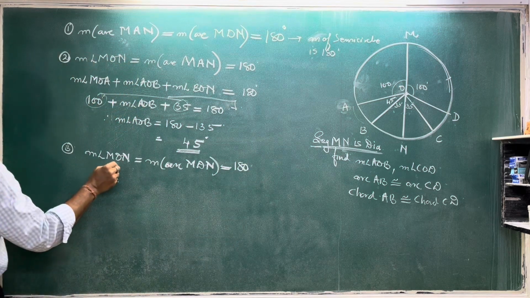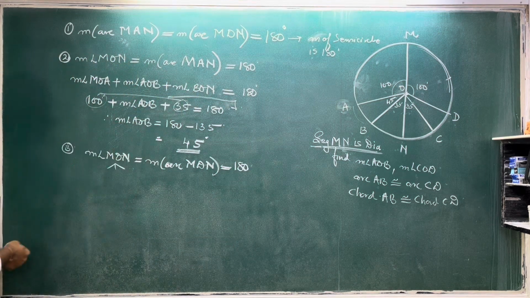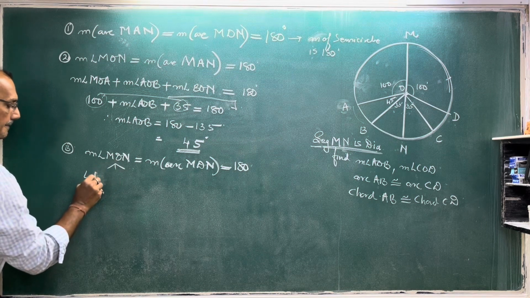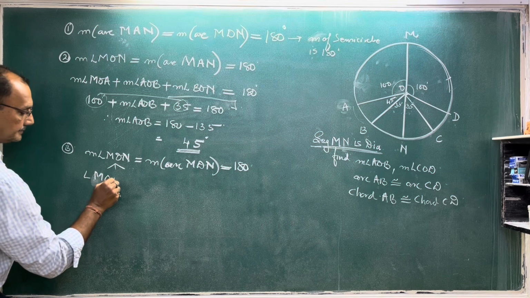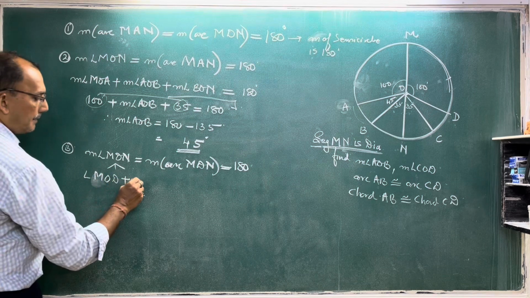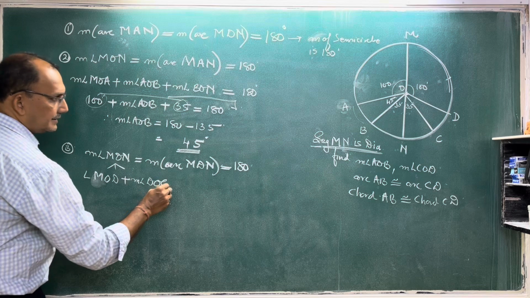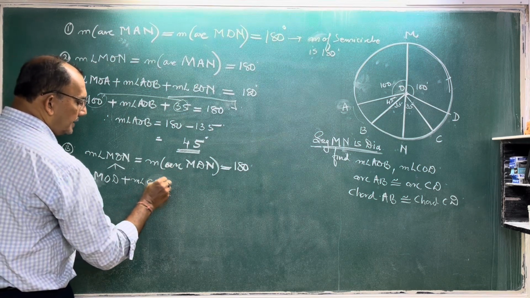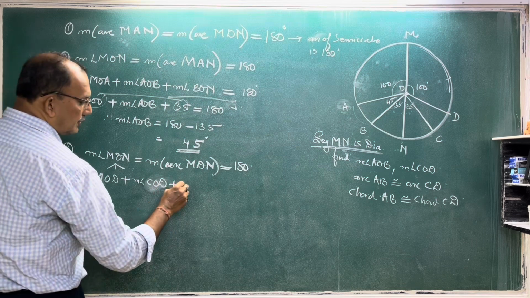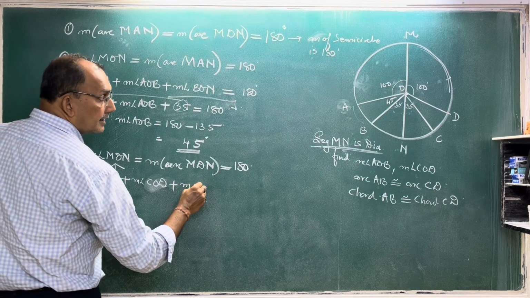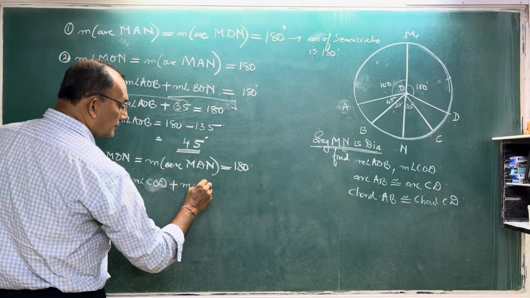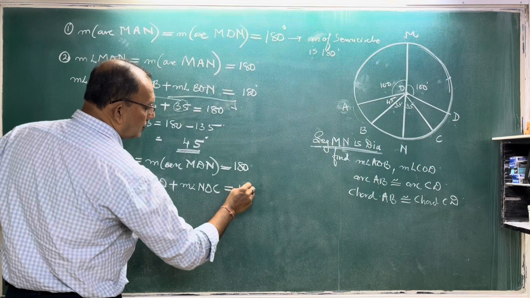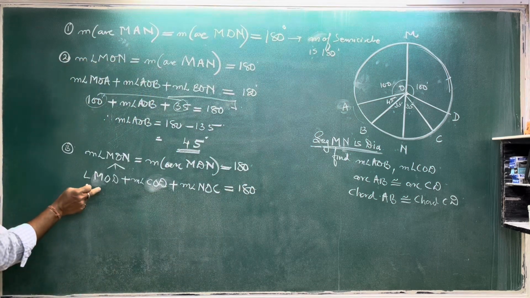So let's split this up. It is made up of three angles on the right-hand side. So that is angle MOD plus measure of angle DOC, or we can write as COD, plus measure of angle NOC. This is equal to 180. MOD is 100.